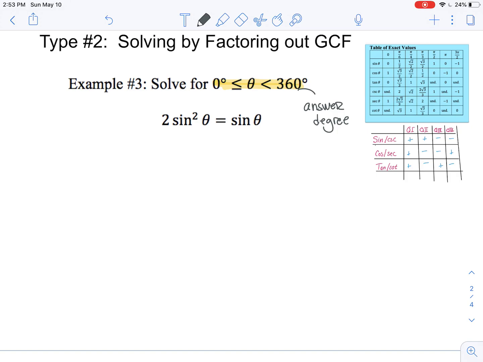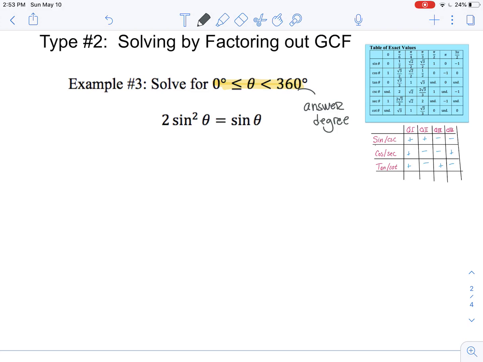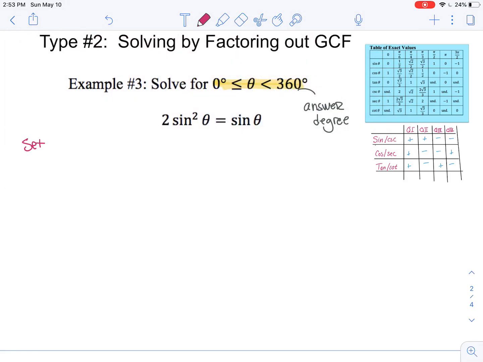I'm going to move the sine theta from the right side to the left side. So first thing I'm going to do is set it equal to 0. If I do that, I get 2 sine squared theta equals sine theta. I can rewrite that as 2 sine squared theta minus sine theta equals 0.